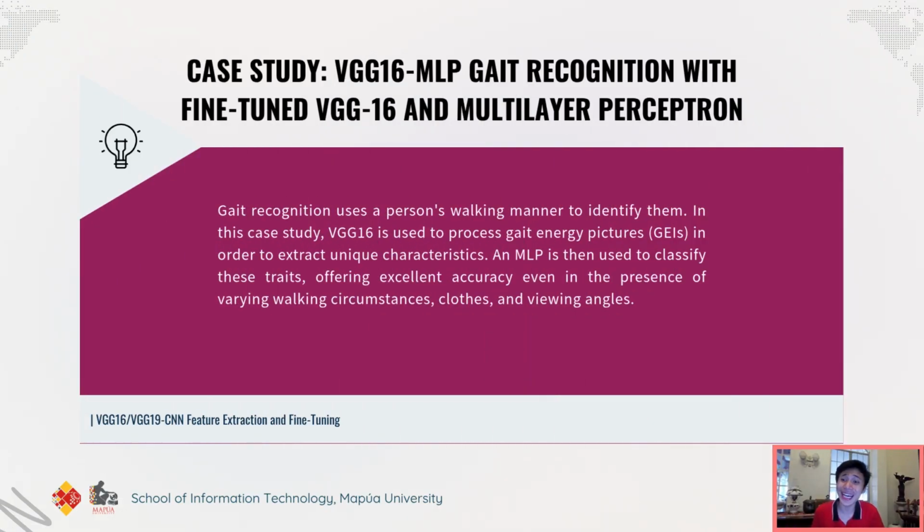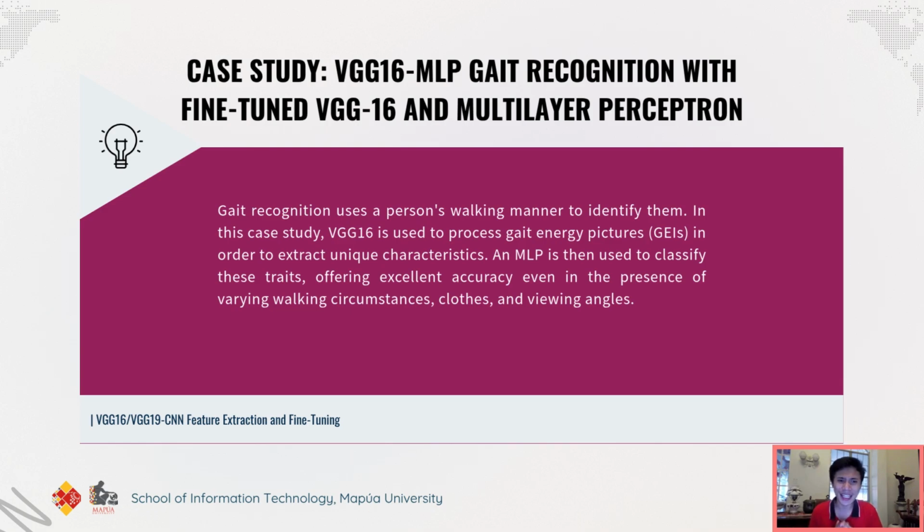The VGG16 MLP hybrid architecture is used in a use case study on gait recognition, a biometric technology that uses a person's unique walking manner to identify them. The methodology involves processing gait energy images, which represent an individual's unique gait cycle.